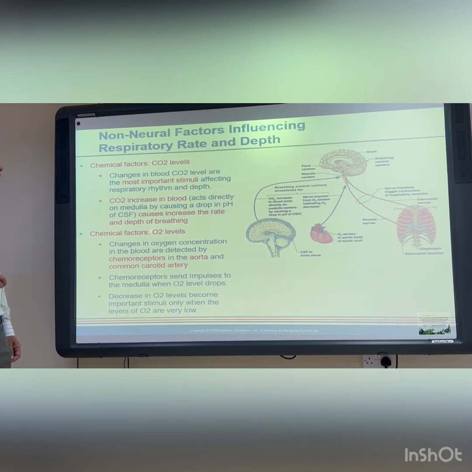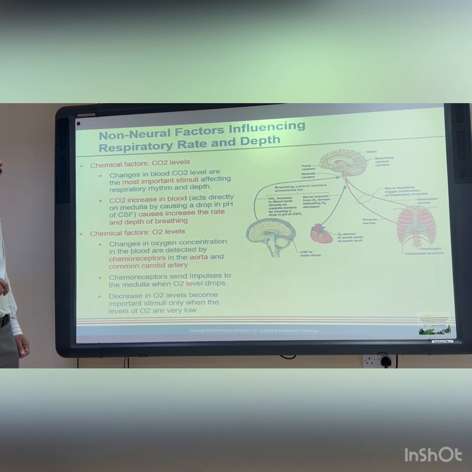And the chemical factor of O2 level is just a repetition of what we said before. Changes in oxygen concentration in the blood are detected by the chemoreceptors in the aorta and the common carotid artery.